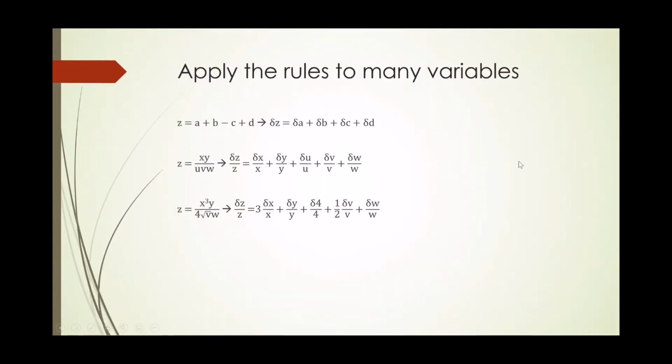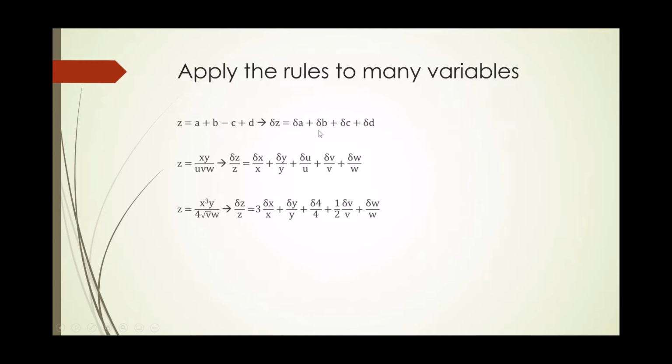Finally, this is a note to these rules. They do apply to many variables. You don't have to have only 2 variables, but if you have calculations mixed together, then you have to be careful. If all the calculations are plus minus, like the first example here, then you don't need to worry.